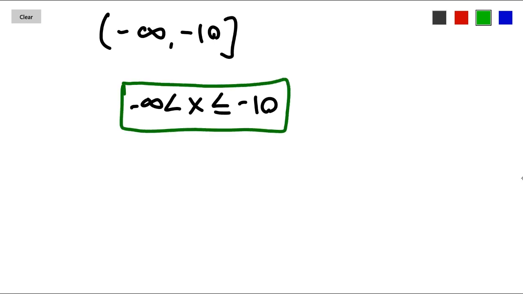And again, since we have x always being greater than -infinity, and -infinity is one of the, quote, bounds, we can just say that x is less than or equal to -10. Because the fact that x is always going to be greater than -infinity is implied. So we have another unbounded interval here.